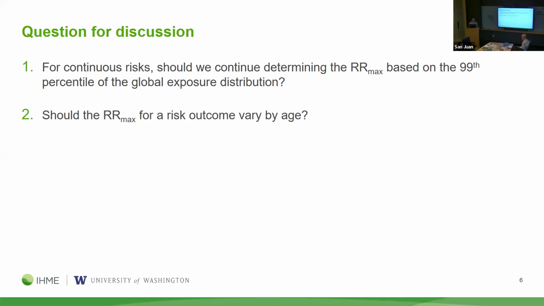Yeah, and I think that's where bone mineral density is also a little different because we have a different comparator by age and sex. So the TMREL is age and sex dependent for bone mineral density.